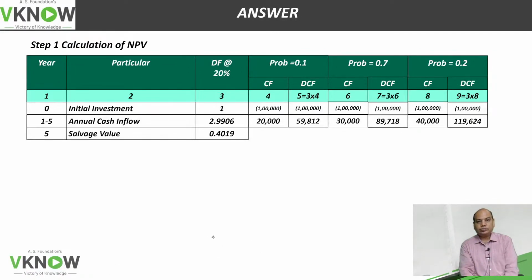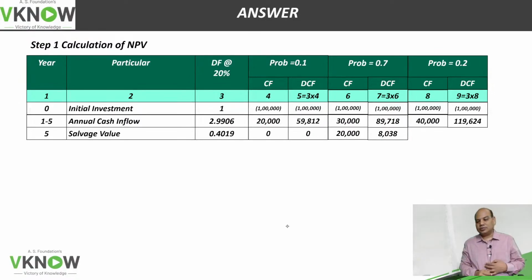Salvage value will be received in year 5, fifth year factor at 20%, 0.4019. Present value will be 0 in the first scenario, then 20,000 in second scenario with 0.4019 factor, 8038.